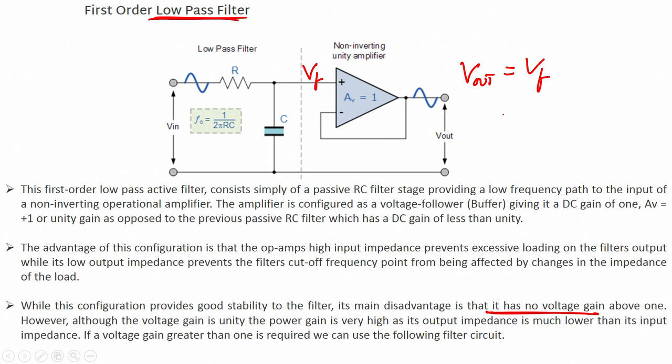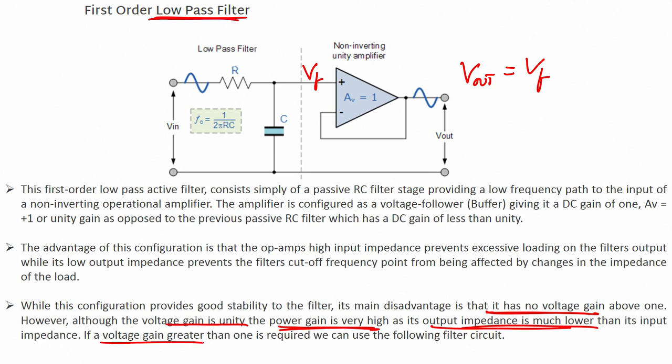So voltage gain is 1. That means there is actually no voltage gain at the output of the operational amplifier, which is a disadvantage. However, although the voltage gain is unity, the power gain is very high, because it can follow the voltage but it will also increase the current. So power gain is very high as its output impedance is much lower than its input impedance.